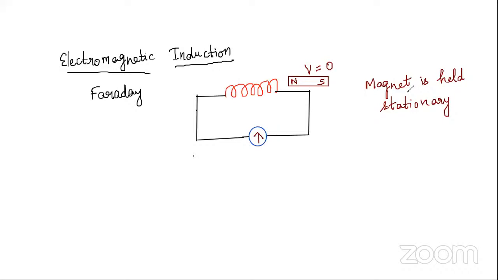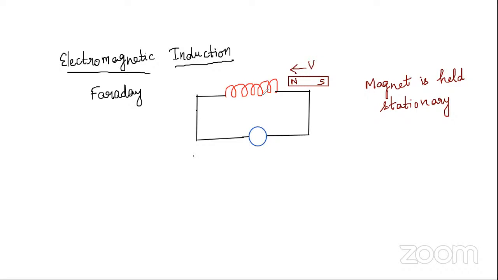Then what he is doing is bringing the north pole of the magnet nearer to the coil, and it is moving with velocity v towards the coil.